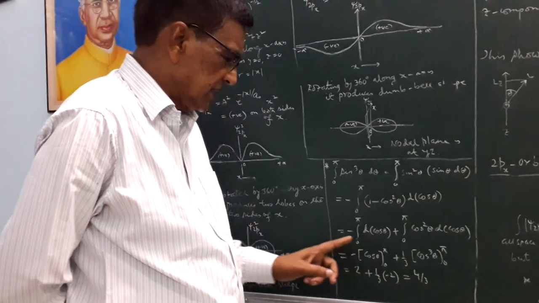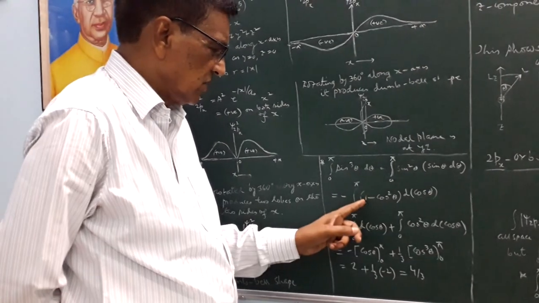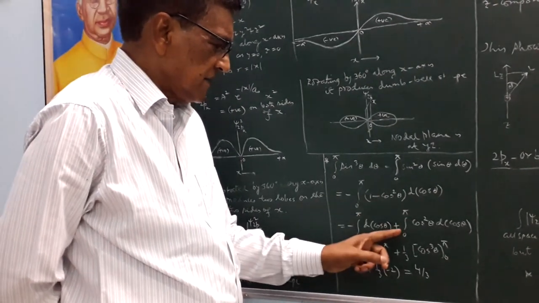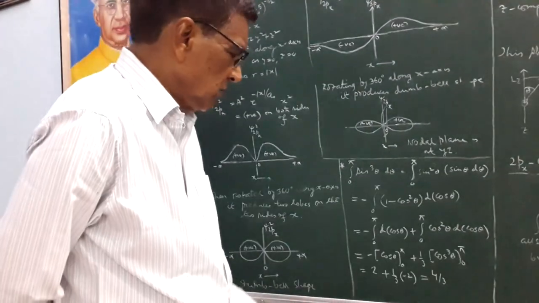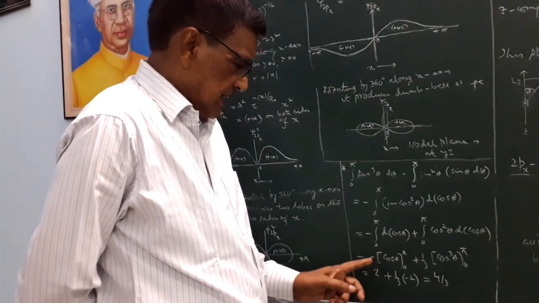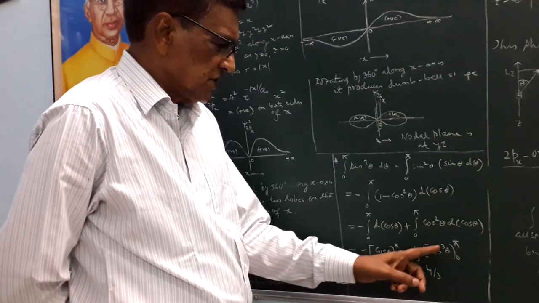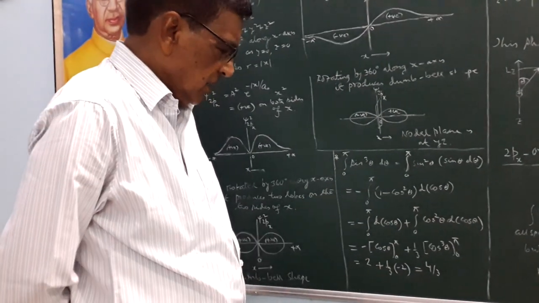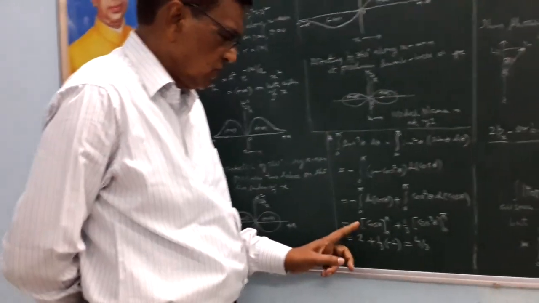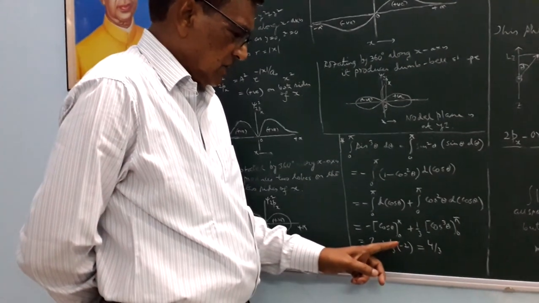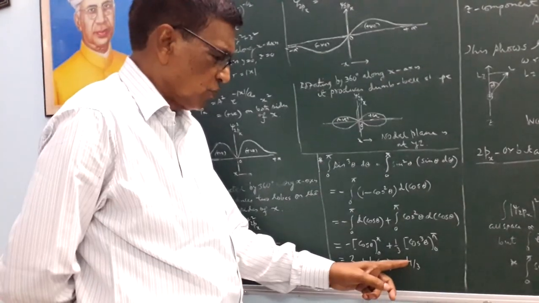So when you do this integration, it is minus the integral from 0 to pi of d cos theta, plus the integral from 0 to pi of cos square theta d cos theta. Putting in the limits, minus cos theta from 0 to pi plus 1/3 cos cube theta from 0 to pi, I get the first term as 2 and the second term as 1/3 into minus 2, and altogether the sum of the two values becomes 4 by 3.